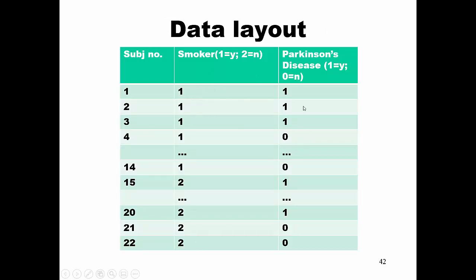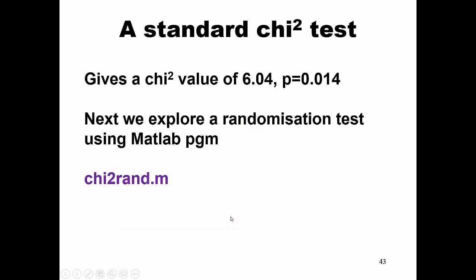Smoker coded 1 or 2, Parkinson's disease coded 1 or 0. Actually, if you do a chi-squared test on these data, it comes out significant with a p of around 1%, but it's such a small sample. Some of the issues we discussed about chi-squared tests might give us worry about using this, so we can use a randomization test to see what result we would get using that methodology.